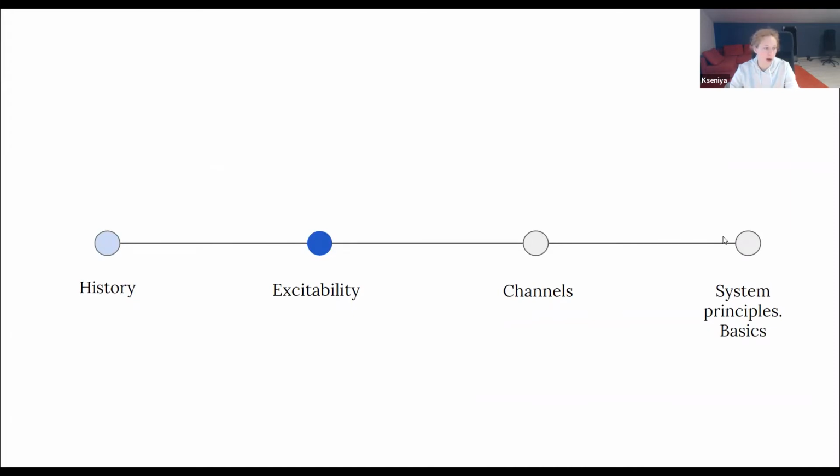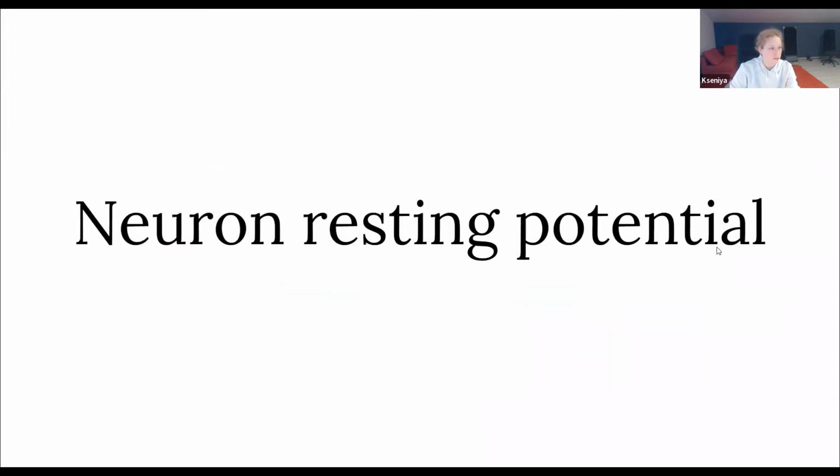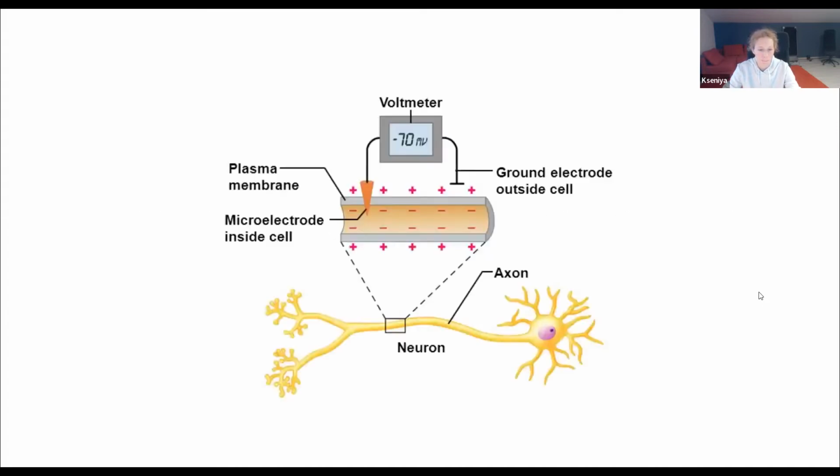So the first one is the neuron resting potential. The first thing you should be aware of is the resting potential of the neuron. I think you remember that a neuron is a nerve cell and it has a membrane that is charged.